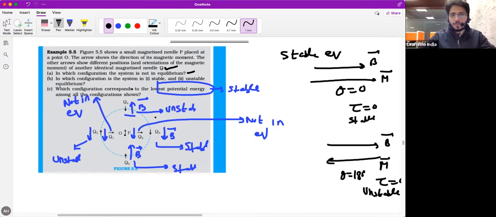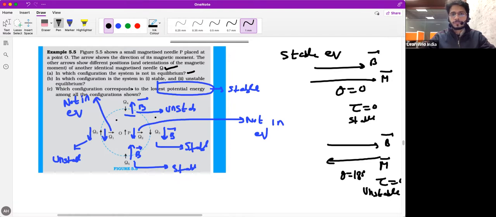You have P, which is one bar magnet, and Q, which is a second bar magnet. Q1, Q2, Q3, Q4, Q5, Q6 are various positions of this bar magnet. It's asking for which case the equilibrium of Q is stable, for which case it is unstable, and for which case Q is not in equilibrium. For stable or unstable equilibrium, first of all, you have to decide who is generating the magnetic field here. So Noor, who is generating the magnetic field here?